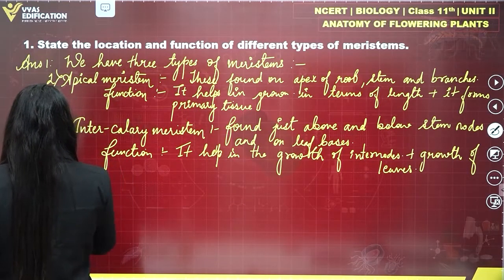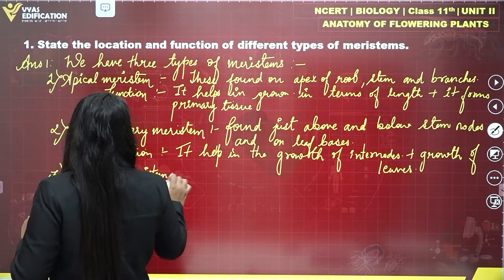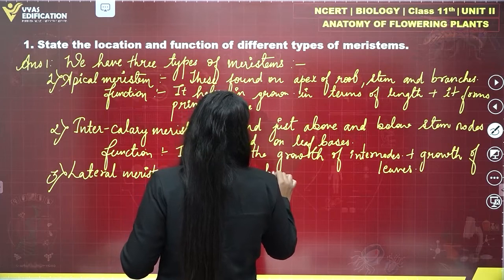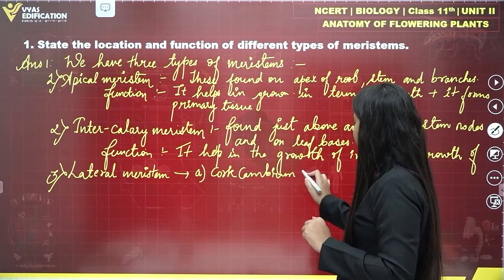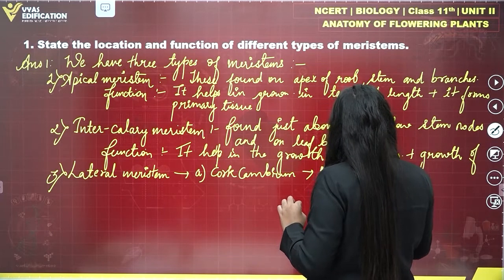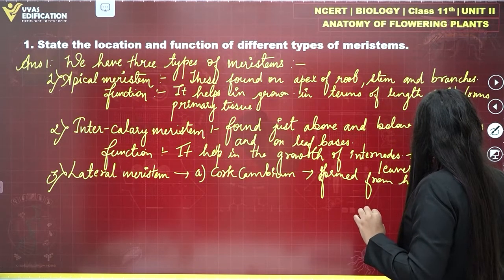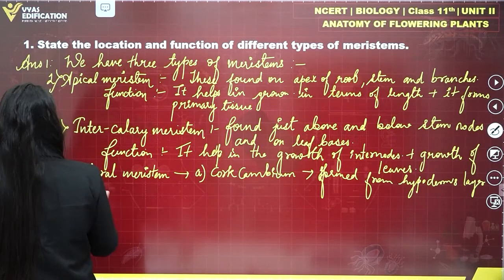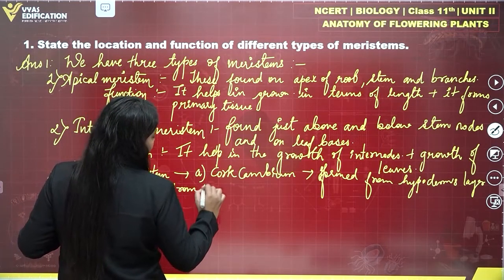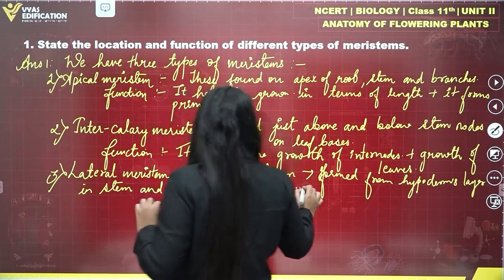So the third one we have is lateral meristem, in which we have A, that is cork cambium, and this is formed from hypodermis layer in stem and from pericycle in roots.